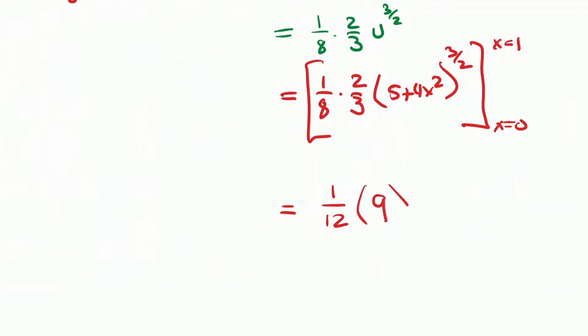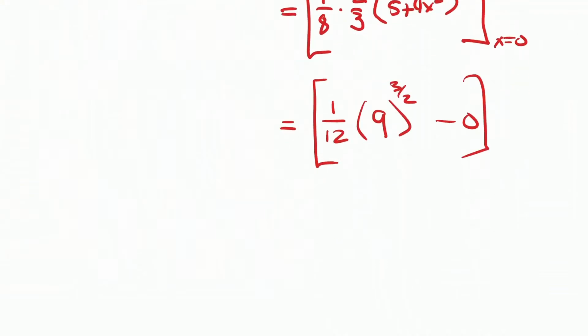Because this is just 9 to the 3/2 minus 0. Look at that. I mean, so easy. That's 27 twelfths. So you can cancel, what is that, 9/4? Did I get it good? Did it do okay? What do you think?